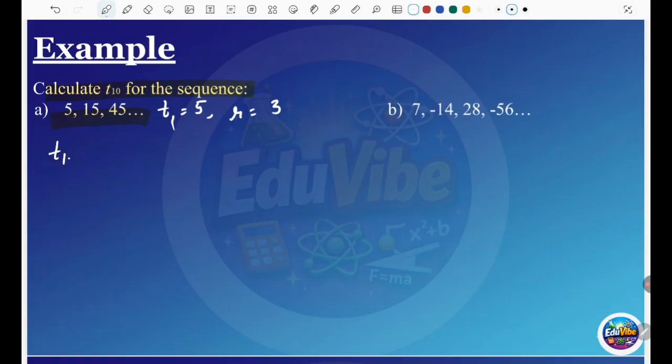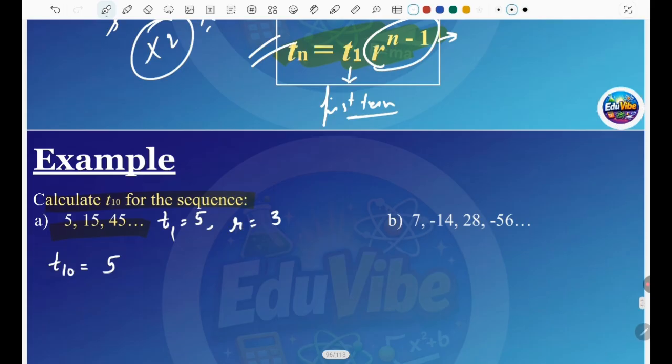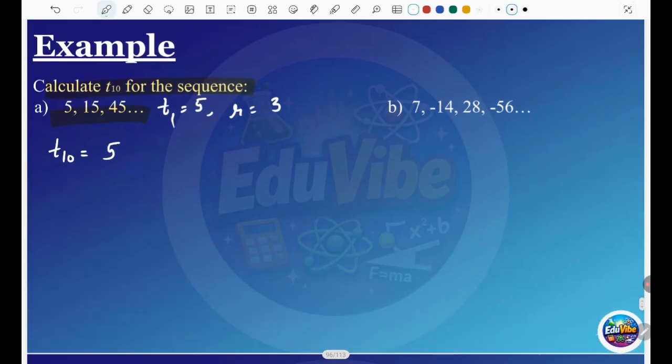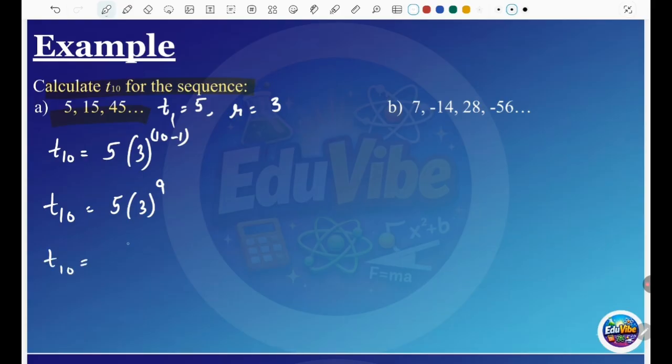Now to find the 10th term, we use the formula Tn is equal to T1 times r to the power n minus 1, which is 5 times 3 to the power 9. When you solve 3 raised to the power 9, you get about 98415.